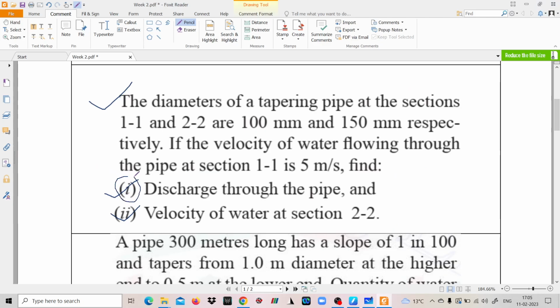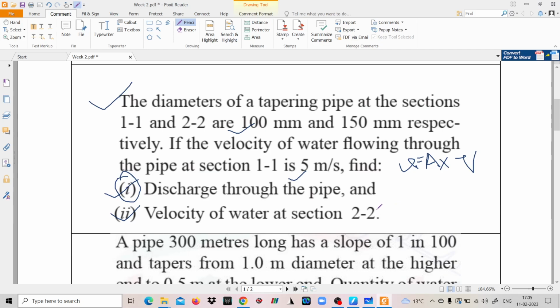For the first part, it is the discharge. You don't need Bernoulli's equation, because at section 1:1 the velocity is given and the diameter is given. So you calculate the area from the diameter, and you multiply this area with velocity, that will give you the discharge. By continuity this discharge will be same as the discharge at the other end.